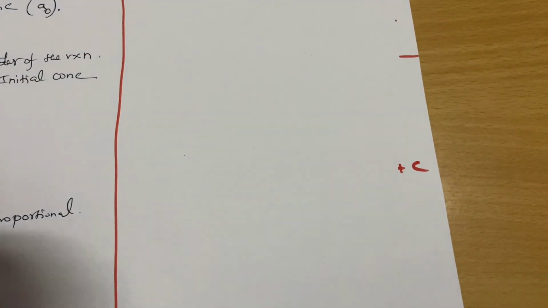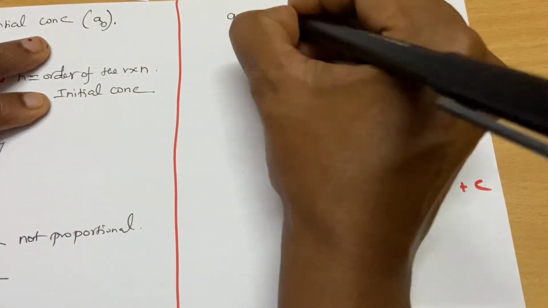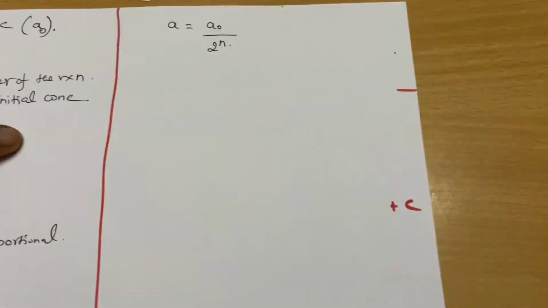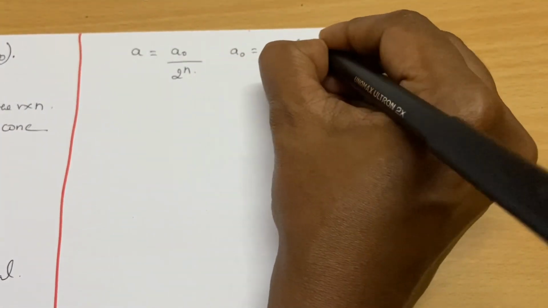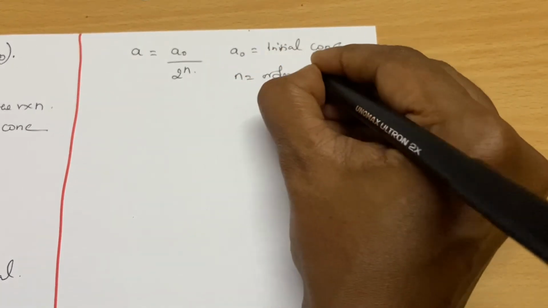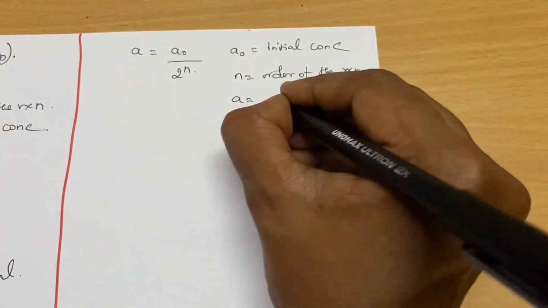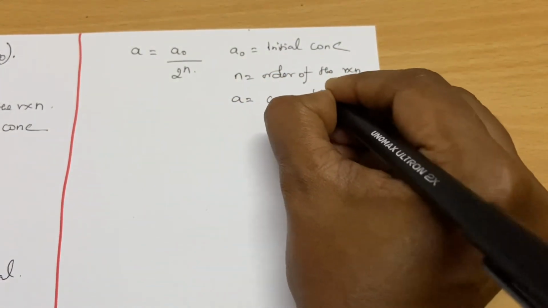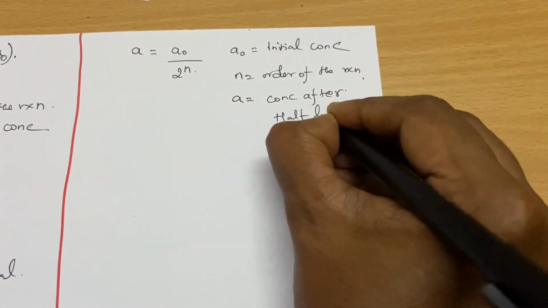One more, the final trick. What is that? A is equal to A naught divided by 2 to the power n, where A naught is the initial concentration, n is the order of the reaction, and A is the concentration after n half-life periods.